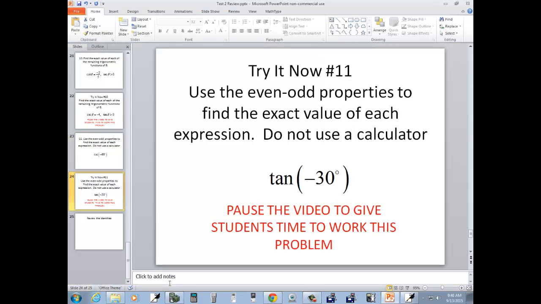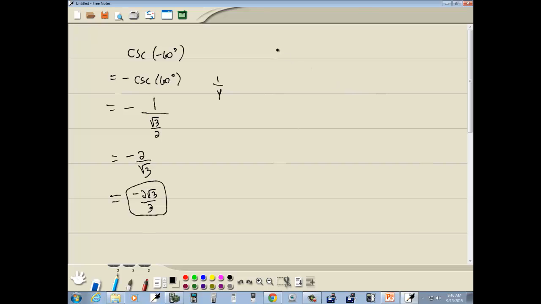Okay, go ahead and pause the video and try this one, tangent of negative 30 degrees. Okay, let's take a look at this one. Tangent is also odd, so I'll take negative, put it out in front. And remember, tangent is equal to y over x.